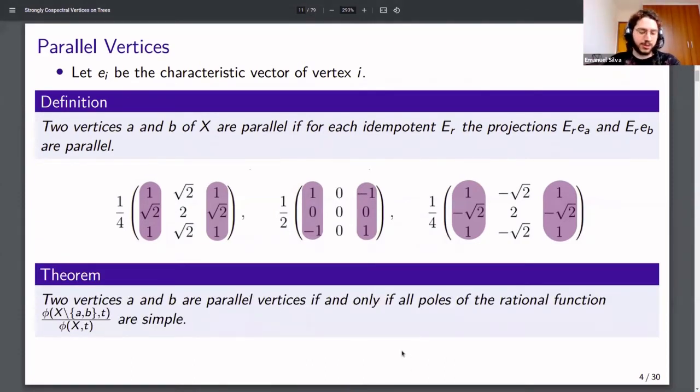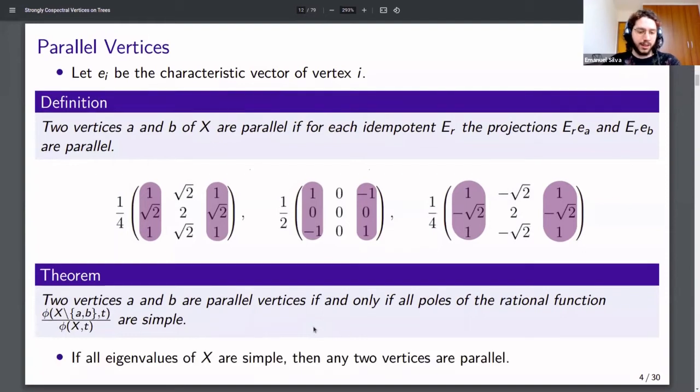And there is a theorem that says that two vertices a and b are parallel if and only if the poles of this rational function are simple. We're going to use this theorem later in this talk. This rational function is the characteristic polynomial of X after removing vertices a and b, divided by the characteristic polynomial of X. Okay, those were the parallel vertices.